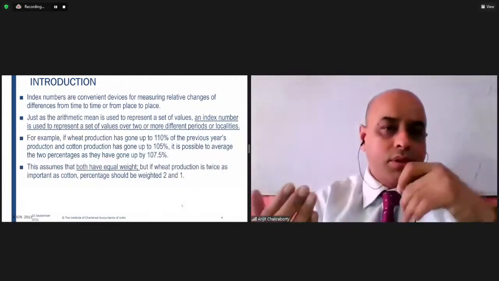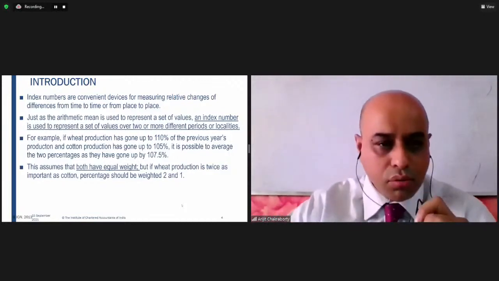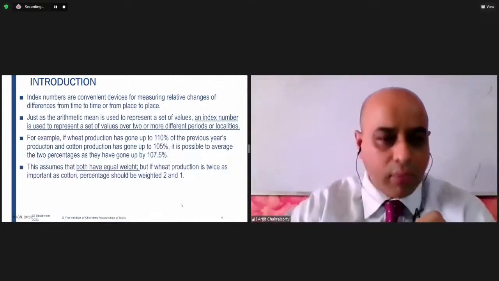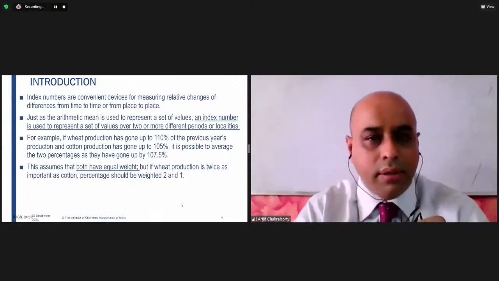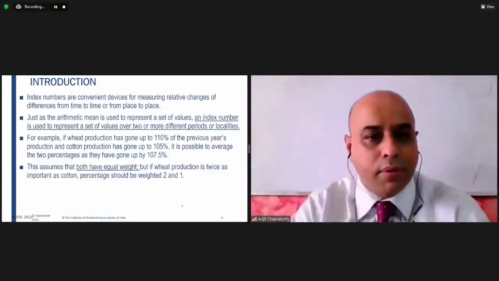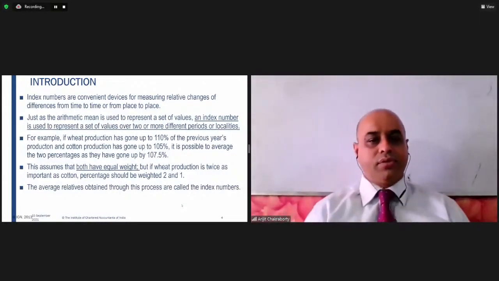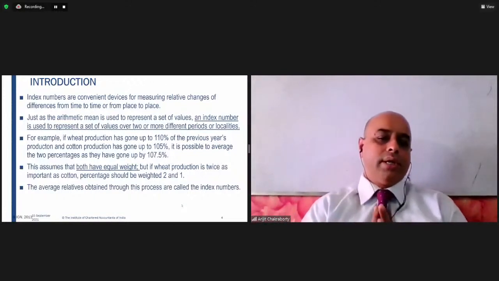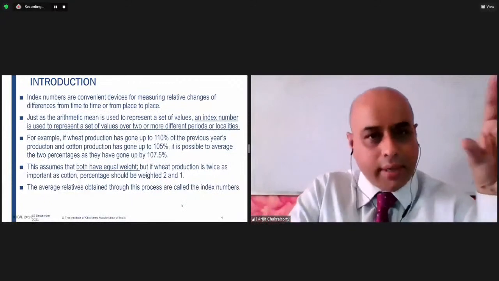Please note that in this calculation it is assumed that both have equal weights. But if wheat production is twice as important as cotton, then the percentage will be weighted 2:1, so there is a change in the weights. The average relatives we obtain through this process is called the index number. So this is the introduction to index numbers.